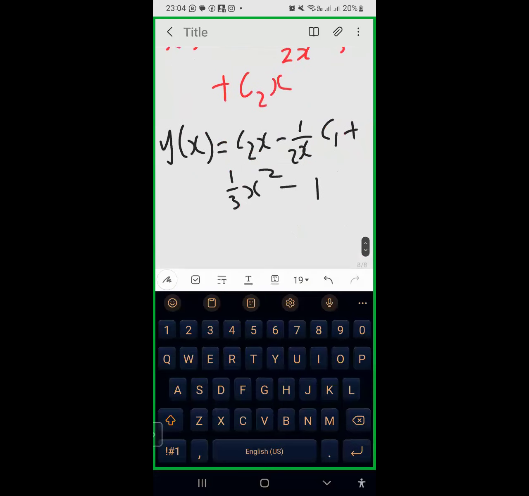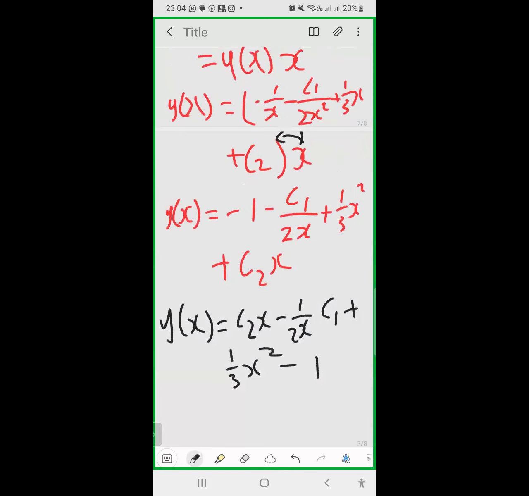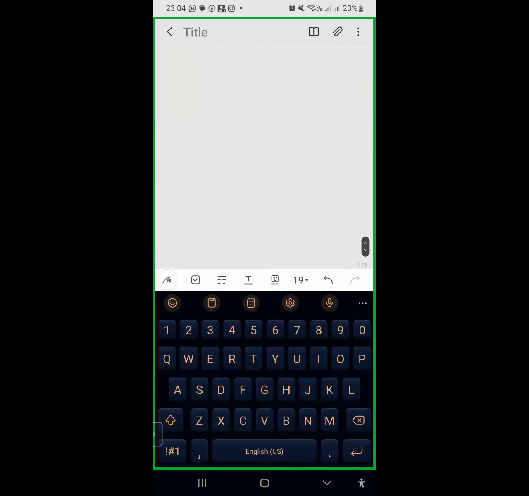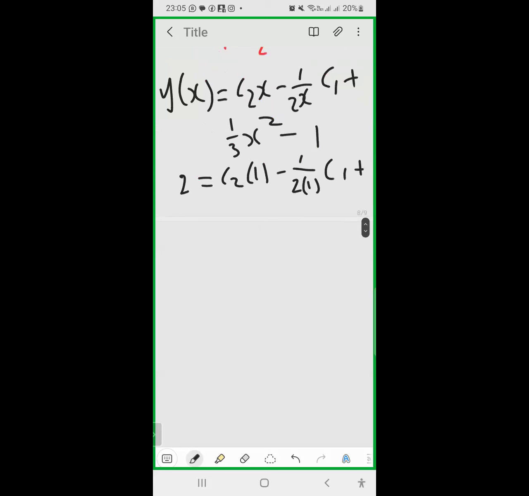So we are given the initial condition y of 1 is equal to 2. So we're going to have 2 equals c2 multiplied by 1 minus 1 over 2 multiplied by 1 c1, and then plus 1 over 3 into 1 squared, and then minus 1. So let's punch on a calculator.